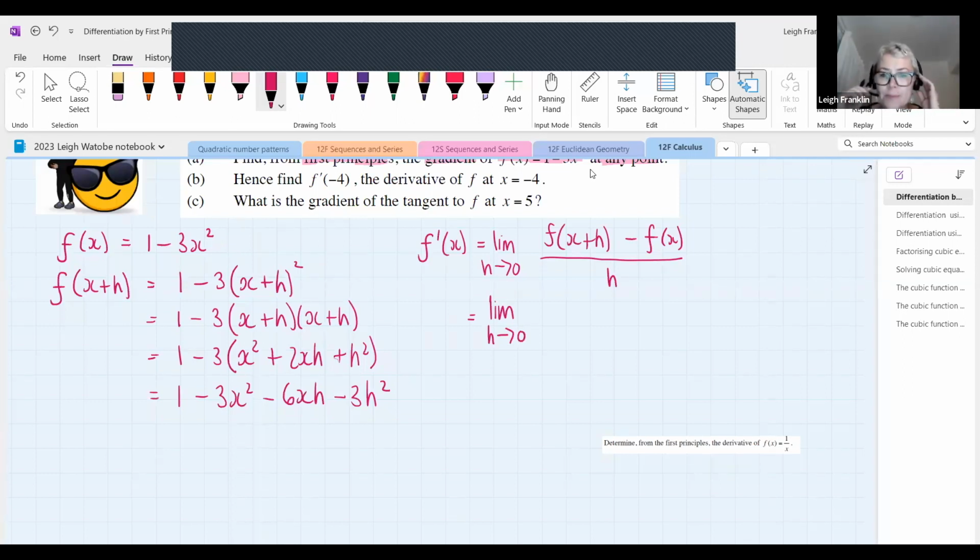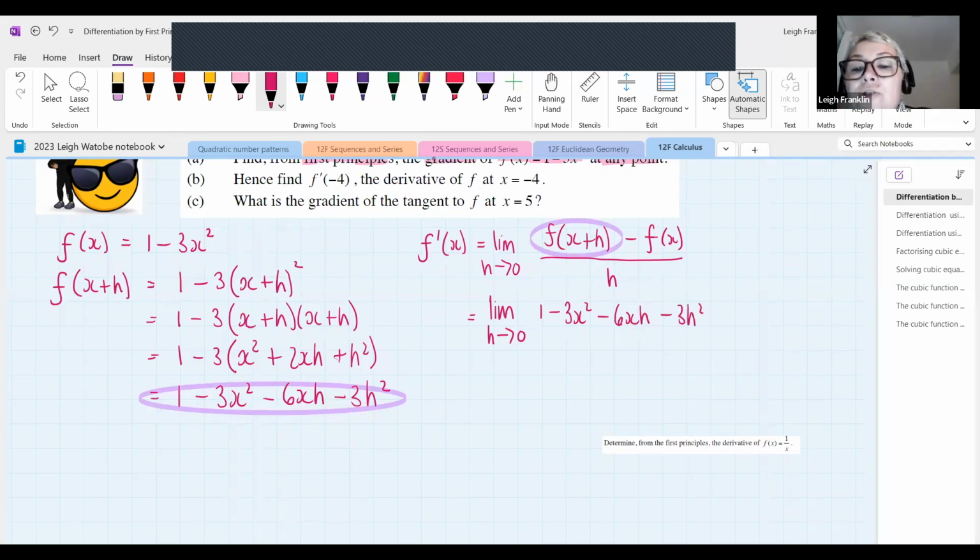Excuse me, sorry, Matrix. So now what we do is we're going to sub in. In place of f of x plus h, we are going to write what f of x plus h is equal to. So here I'm going to put in 1 minus 3x squared minus 6xh minus 3h squared. Then I'm going to minus f of x.